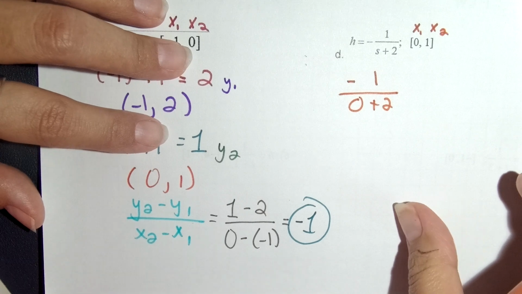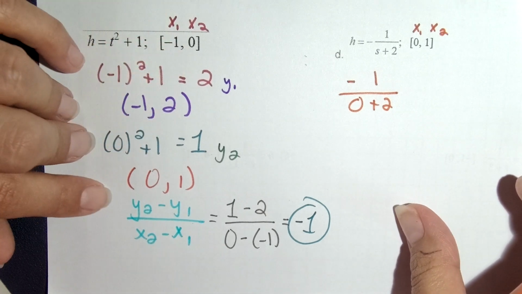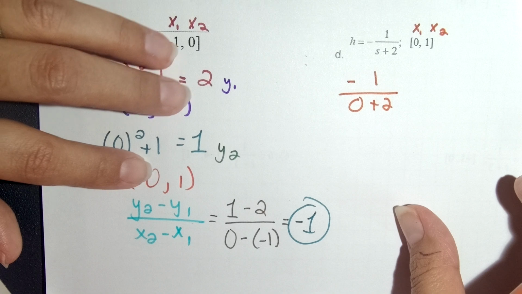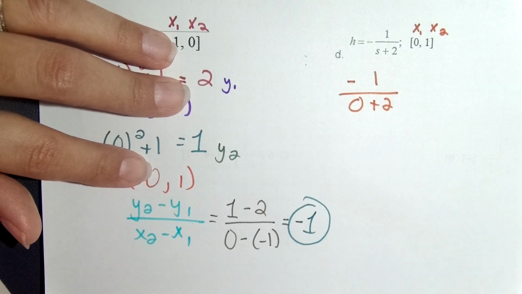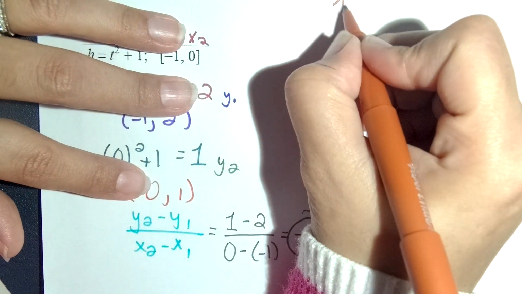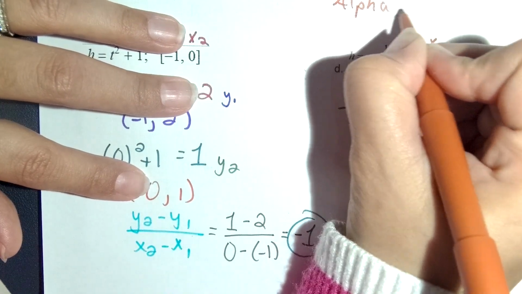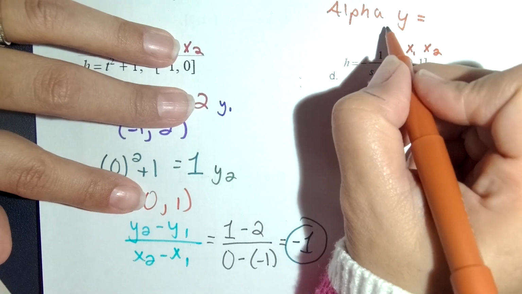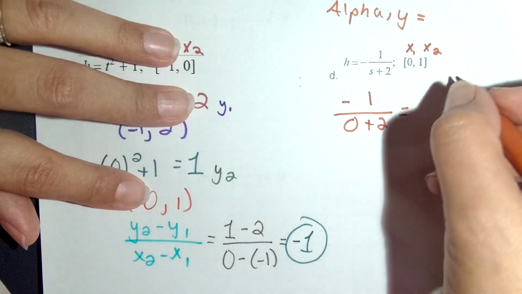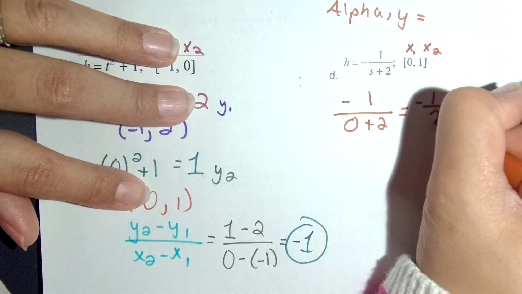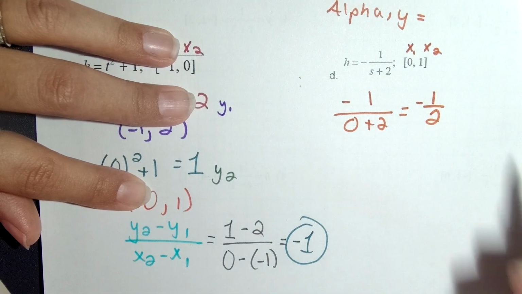How do we put a fraction in a calculator? Alpha y equals. Alpha y equals. If you don't know that, put it in your notes now. Alpha y equals gives you a fraction bar. Okay? When you put this into your calculator, you will get negative 1/2. That means what my coordinate will be?